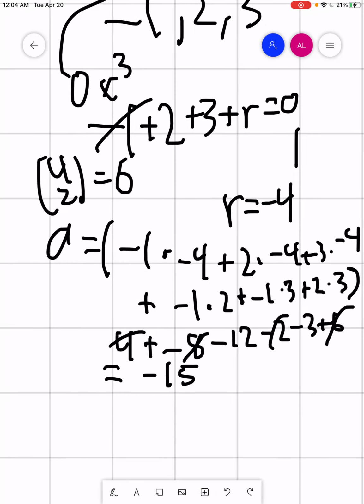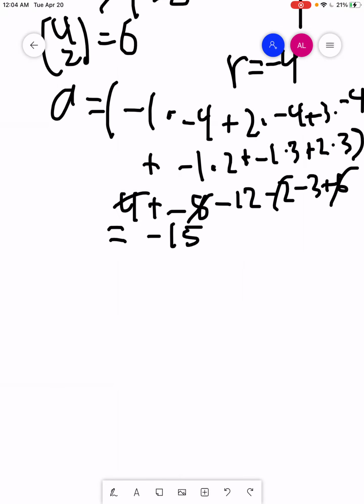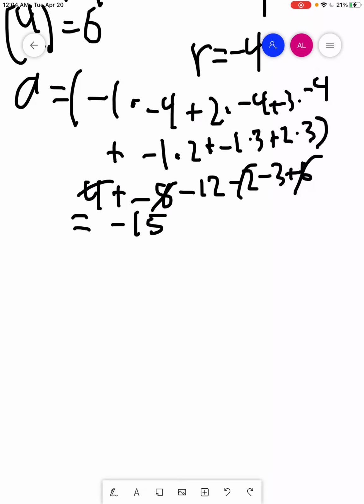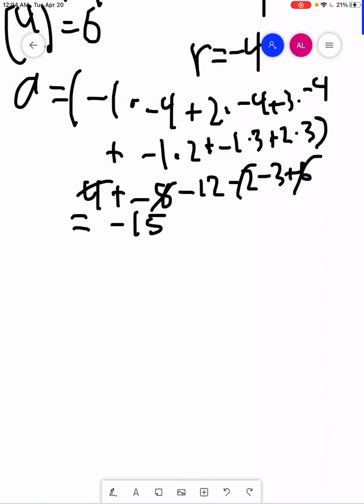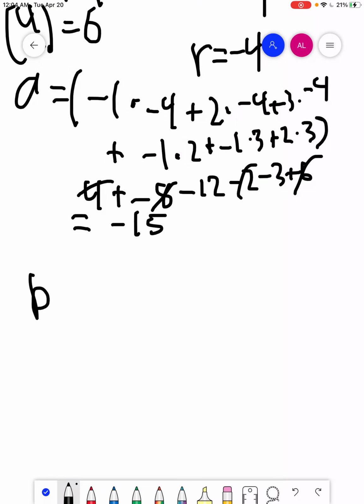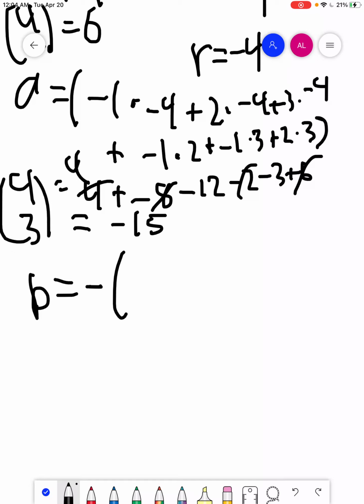Next we want to find b. And as you know, based on the Vieta's relations, b is the sum of combinations of 3 roots, and 4 choose 3 is equal to 4.